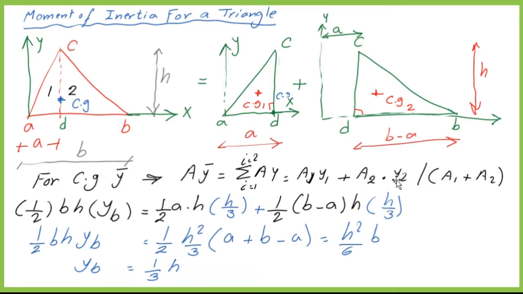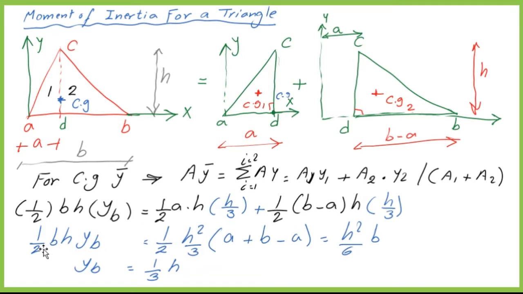The big area is 1/2 b h, multiplied by the height y bar, which we are looking for. The first triangle is 1/2 a h, and the CG y1 equal to h over 3, plus the second triangle, which is 1/2 (b minus a) as a base multiplied by h, and the y2 equal to also 1/3 of h.